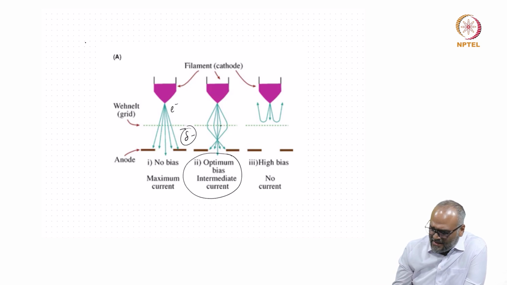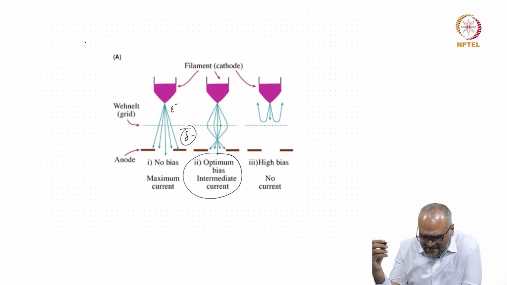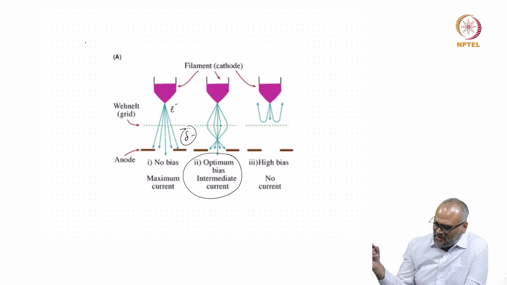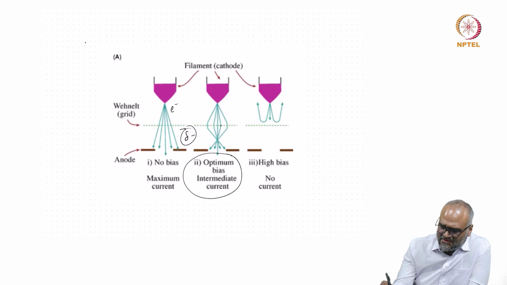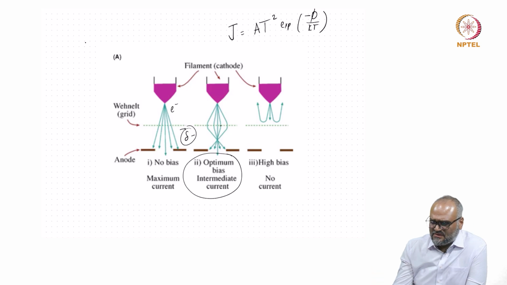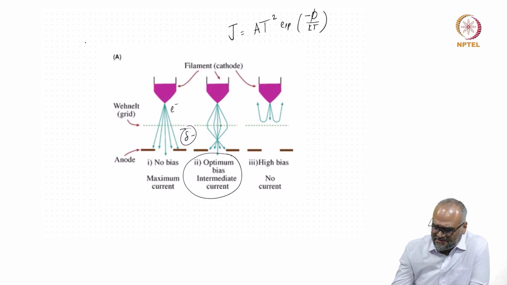And if I now look at the flux of the electrons emanating from such a filament, you can always write this with an equation. If I say the flux emanating is J, and if I have an exponential function like this, so this looks like an Arrhenius type of an equation.